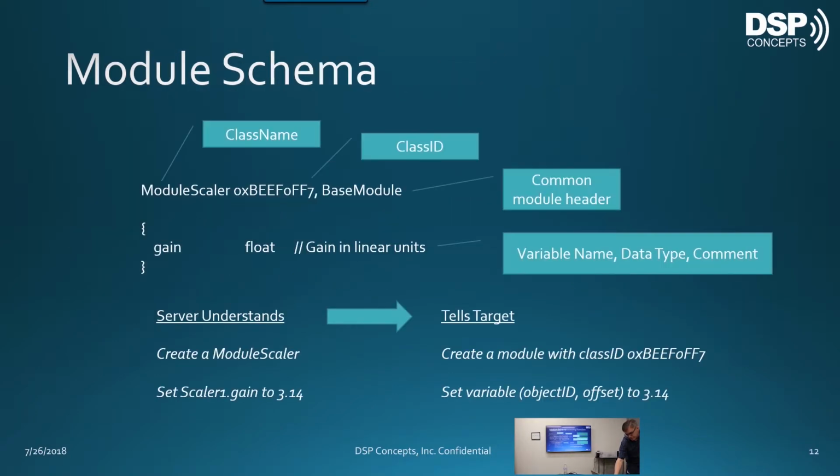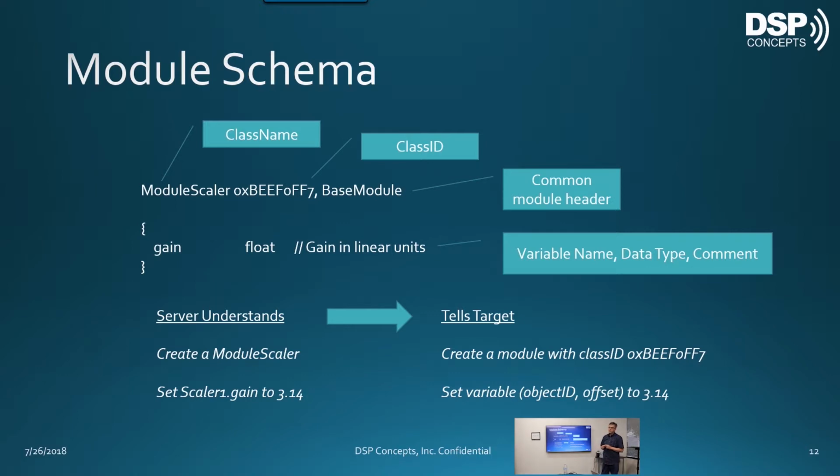We also generate the module schema, and we'll look at that file. It's basically text information, and it gets compiled into the DLL. For example, it does a translation between the server text syntax and the binary format. When MATLAB sends a command, create a module scalar, create an instance of this class of module, the server tells the target to create a module with class ID boom.